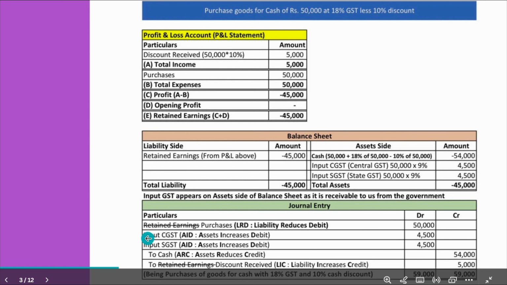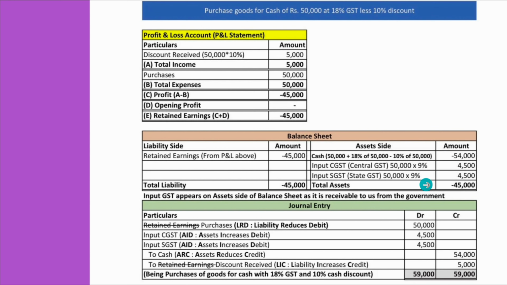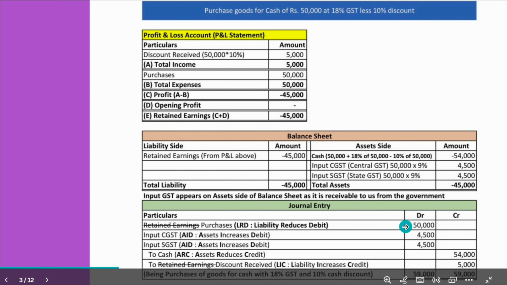At the same time, input CGST, assets increases debit 4,500, input SGST, assets increases debit 4,500. However, cash gone out to the extent of only 54,000, that is after discount. So the rule is ARC, that is assets reduces credit.